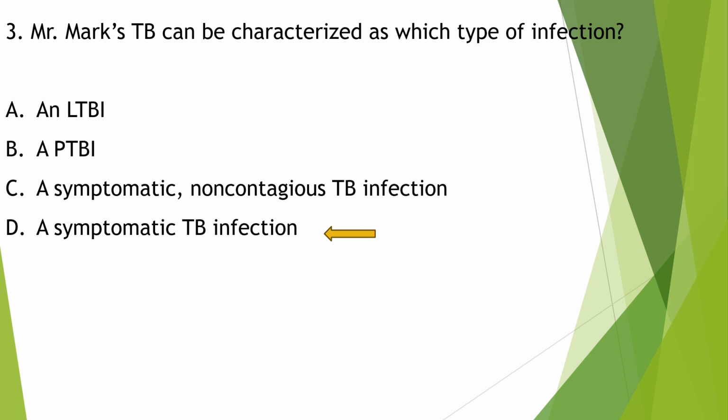So granuloma formation is initiated but is unable to progress to calcification. That happens in primary tuberculosis infection. So they are not infectious but they can show a positive sputum culture and positive skin test.